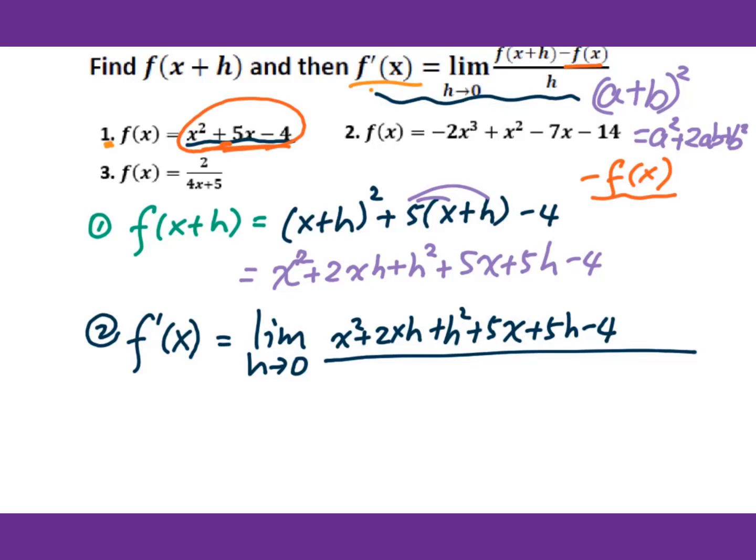You will get negative x squared minus 5x plus 4, then over h.